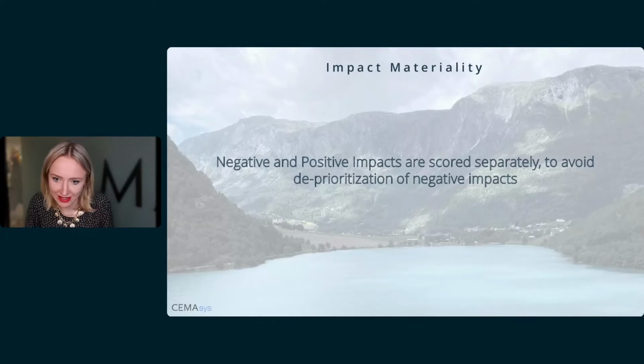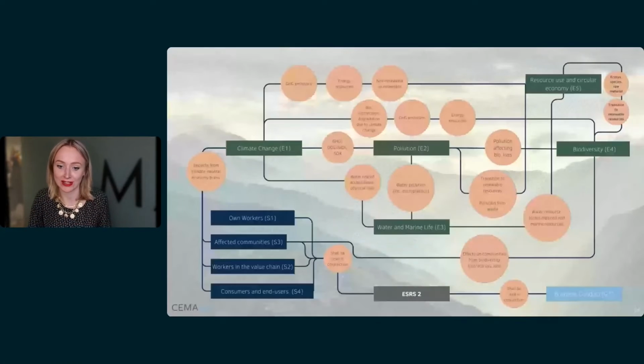I don't know if the text actually comes across very well on this photo, but this is essentially something that you need to take into consideration when you're looking at impact risks. Impacts specifically this time around. So when you are working with all these topical standards, so we've got climate change, pollution, biodiversity, etc., we need to remember that many of these are interconnected.